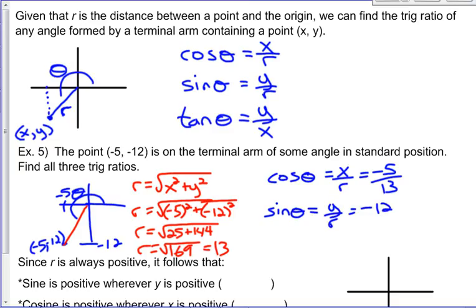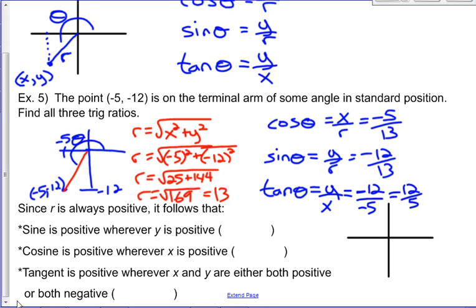So that's negative 12 over 13. And finally, the tangent is going to be y over x. Well, let's see. Y here is negative 12. X is negative 5. Negative divided by a negative gives us a positive.